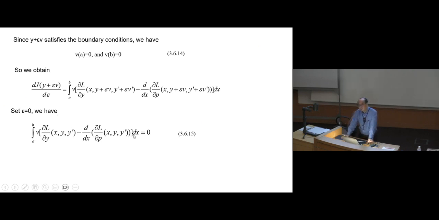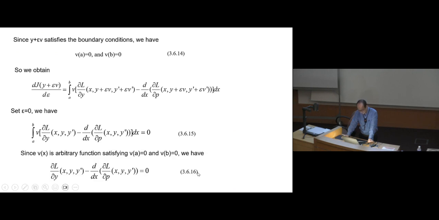Okay, now it should be clear. Because v is an arbitrary function, in any direction, in the same way as how we derived the Euler equation, the integrand here should be 0. Okay? Any questions?